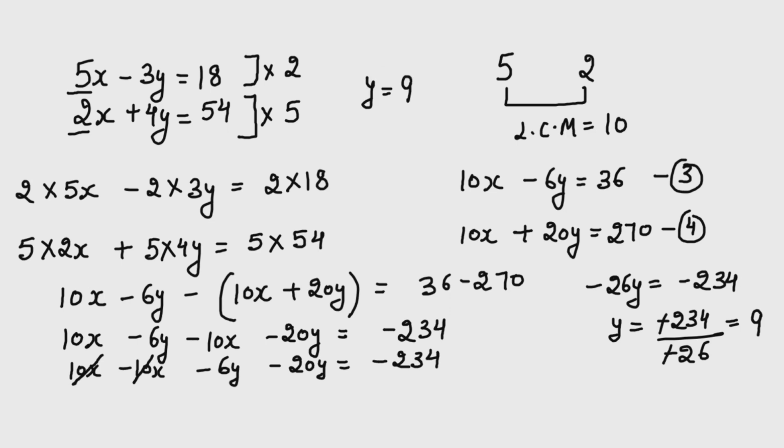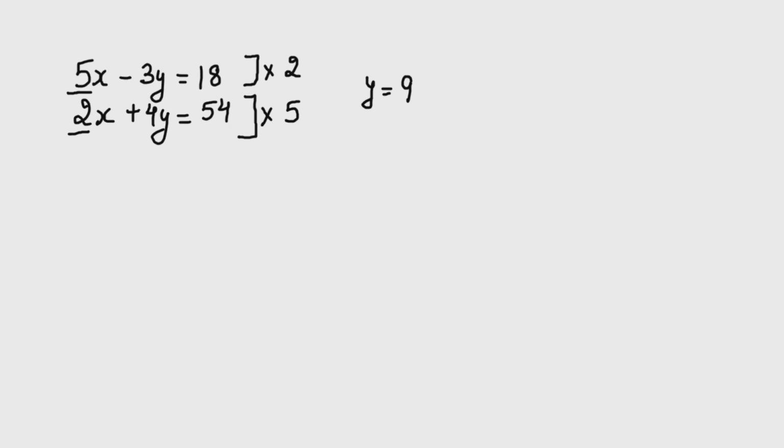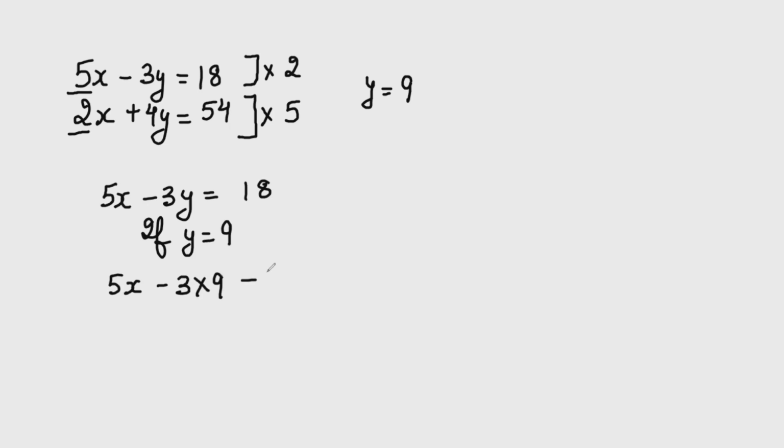Now we have to calculate the value of x, and to do so, we have to substitute this value of y in any one of the equations. Let's take the first equation: 5x minus 3y is equal to 18. Substituting y as 9, 5x minus 3 into 9 is equal to 18. 5x minus 27 is equal to 18.